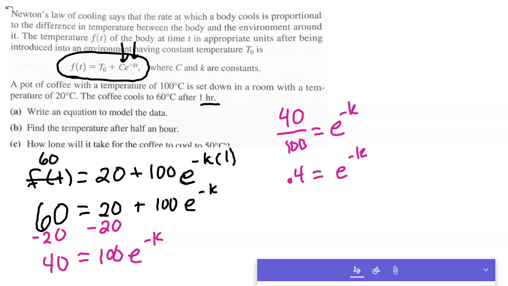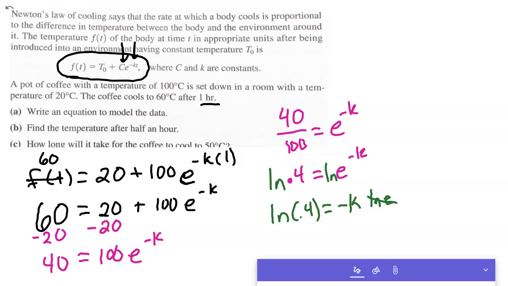And again, you want to natural log both sides to get that k to pop out front. And so you'd have natural log of 0.4 equals negative k times ln of e. And again, that ln of e is 1, so it's gone.